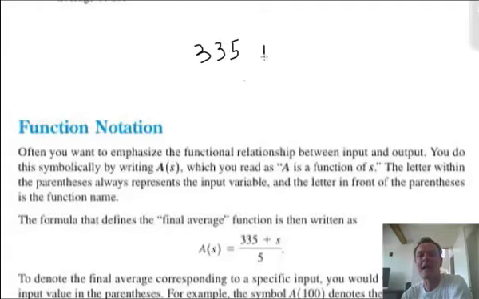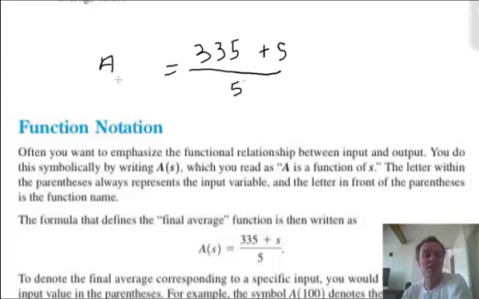Then, when we added another score, which they said was S, and divided it by 5, we would get the average. Now for this, all they're saying is, let's do this. A of S equals. In other words, if I replace this here with a number, I will get my average. Right now it's S because the equation is in terms of S.